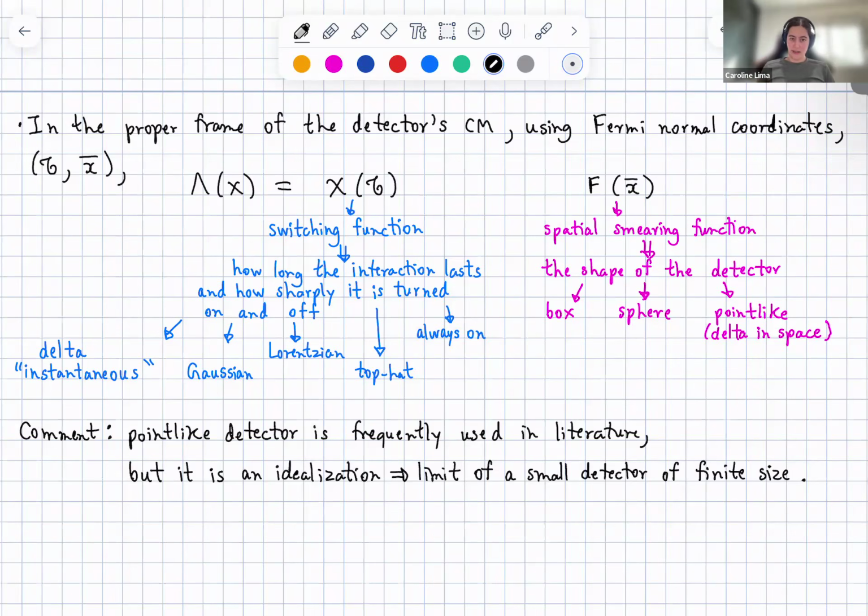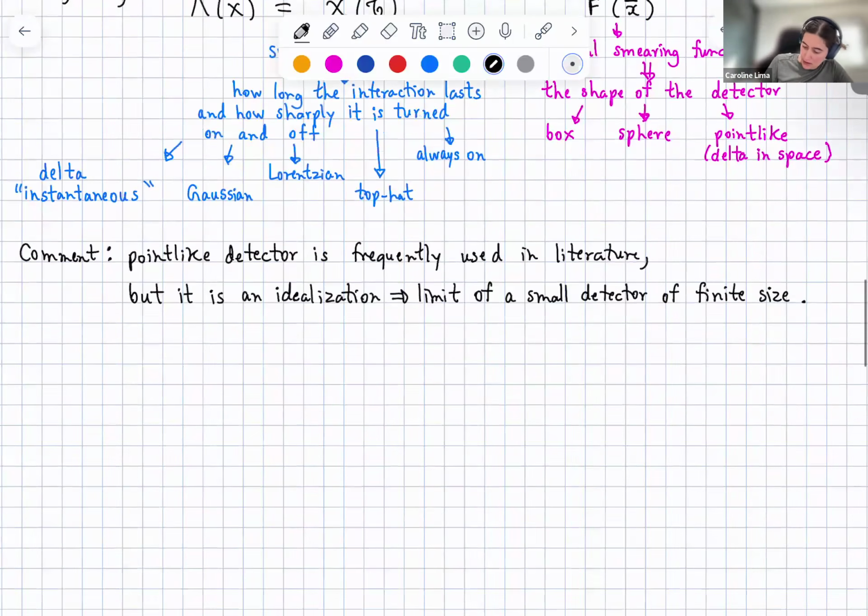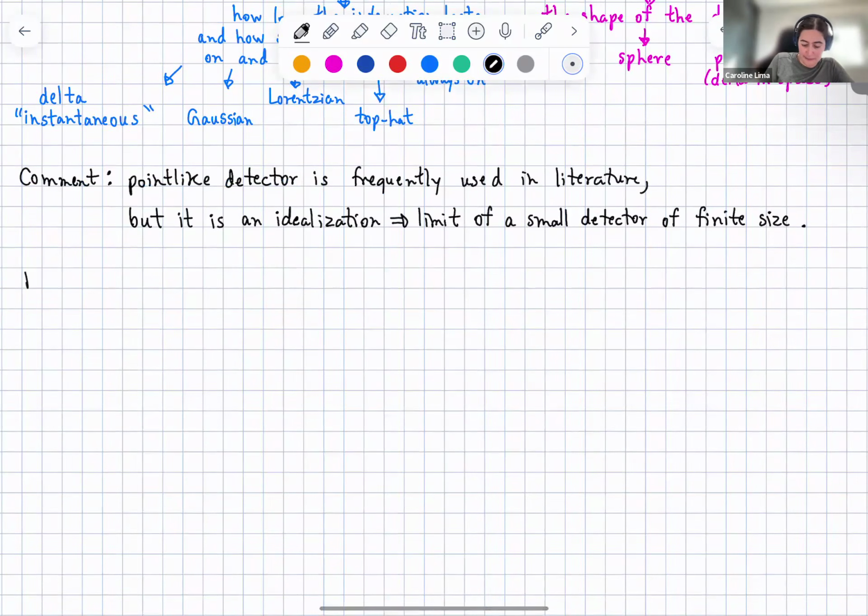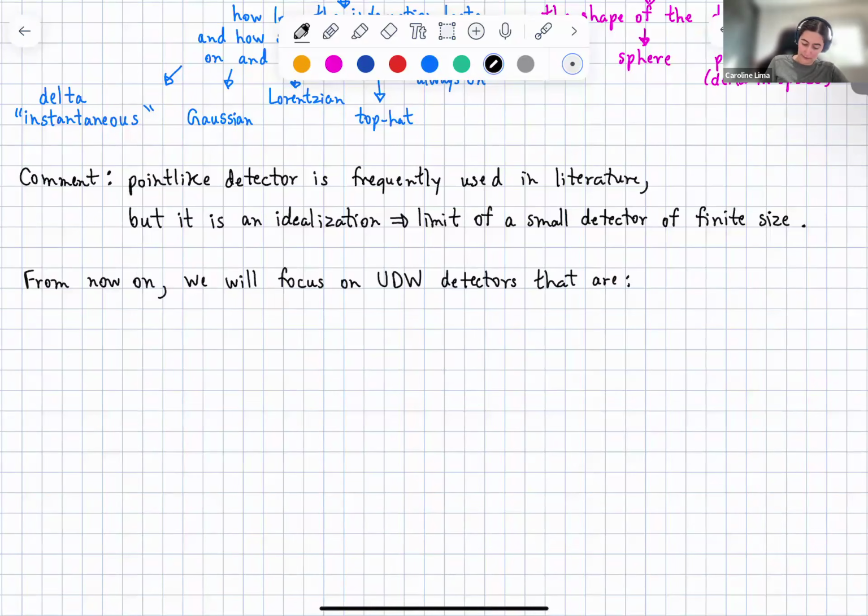Okay, good. So that being said, since finite-size detectors are a bit of an abstraction, from now on we will focus only on point-like detectors, and as is often the case, people use qubits.